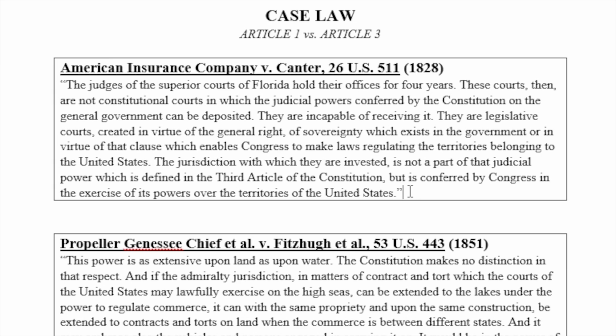You can see this case law right here describes everything I just explained to you in one paragraph. It's beautifully written. That's American Insurance Company versus Cantor, 26 U.S. 511 of the year 1828.